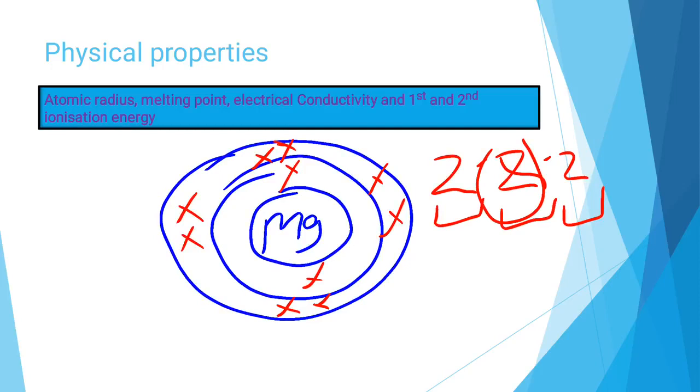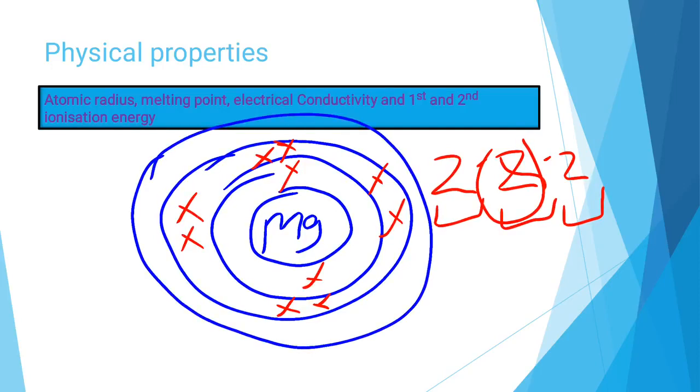And then now we will have the last energy level for magnesium, now having only 2 electrons.